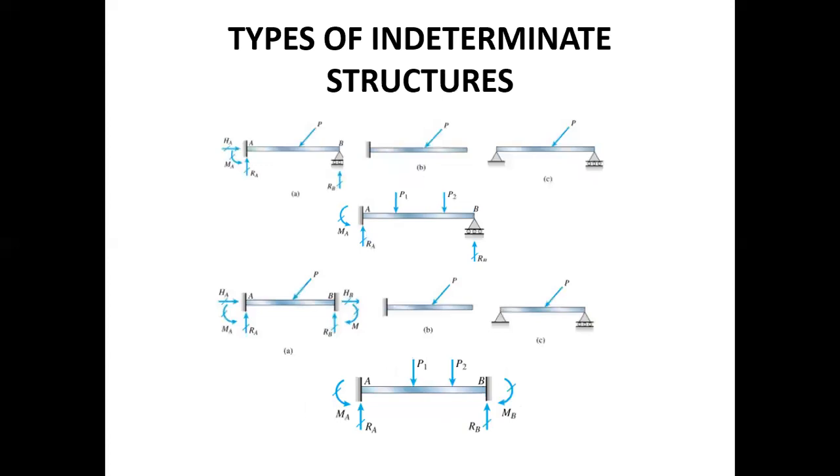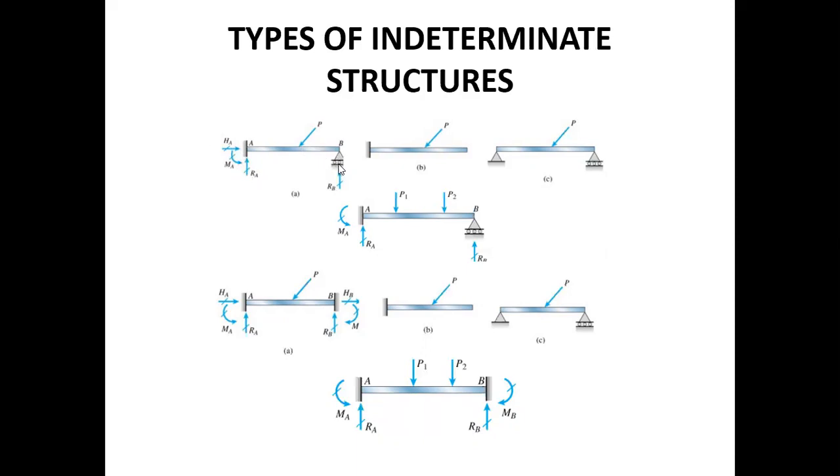We'll start with the various types of indeterminate structure. For example, this is a case of a propped cantilever beam. This is a kind of indeterminate structure. The structure has one fixed support and the other is a roller support. In this case, there are three reactions at the fixed end: one, two, three.